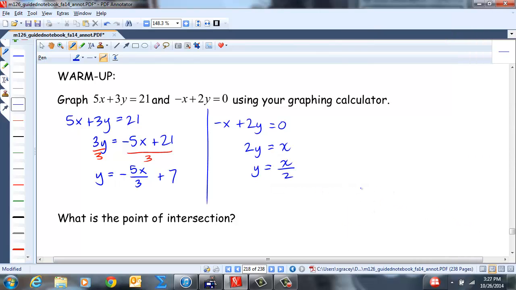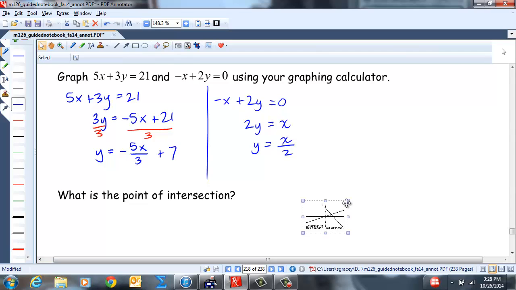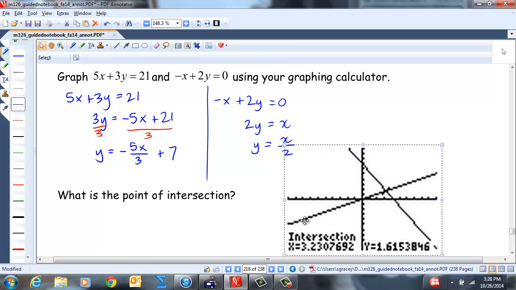So let's do this kind of as a two-parter. Put our graph right here. So our point of intersection is right here. And the ordered pair is given below.